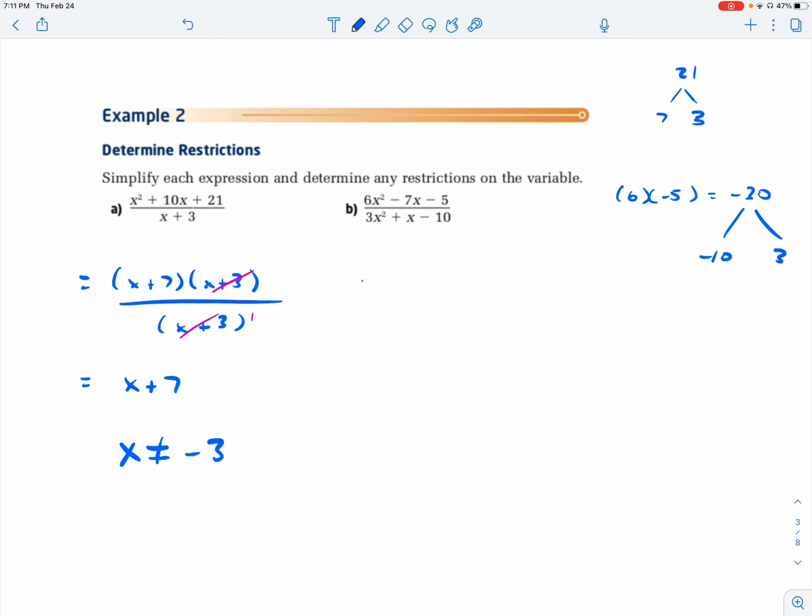So, all right, we have 6x squared minus 10x plus 3x minus 5. So you can see the equivalency with this and this, right? Now we can do a little bit of grouping. So we kind of look for what's common between the first two and the last two, and we factor whatever we can take out.